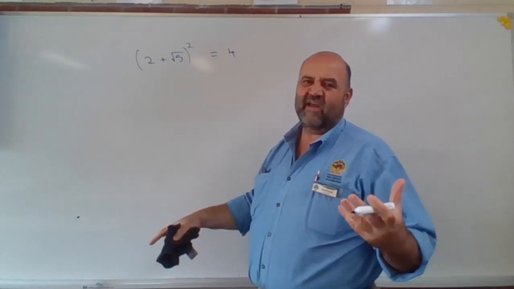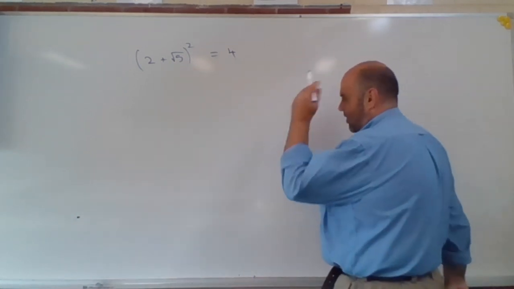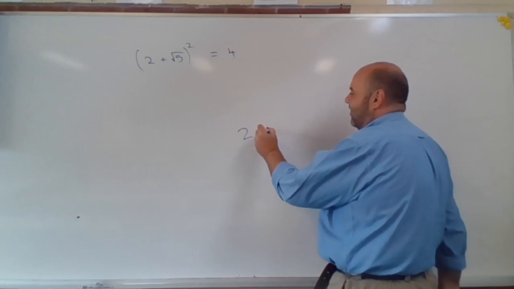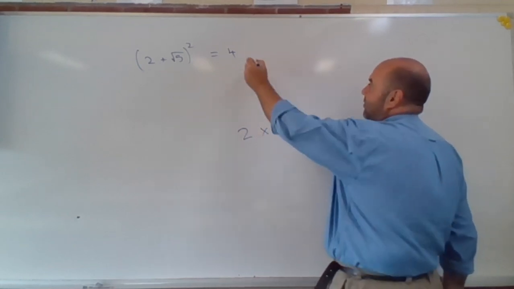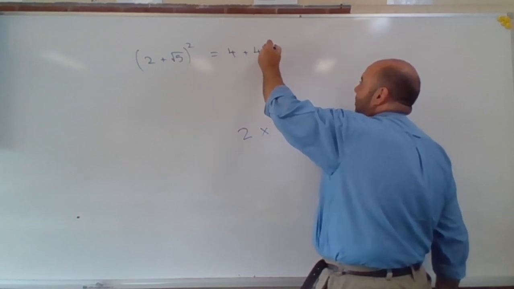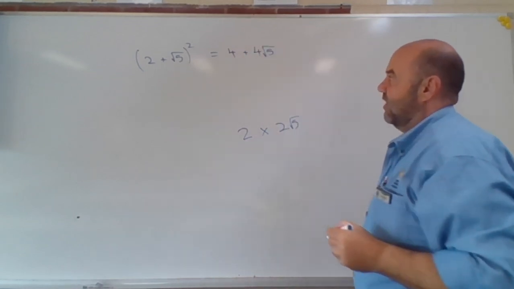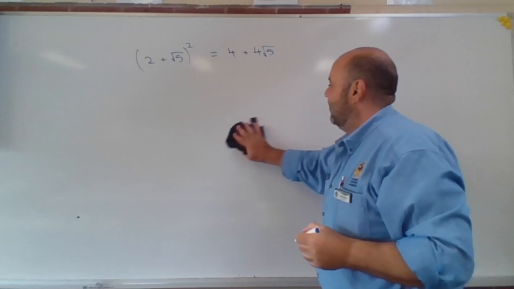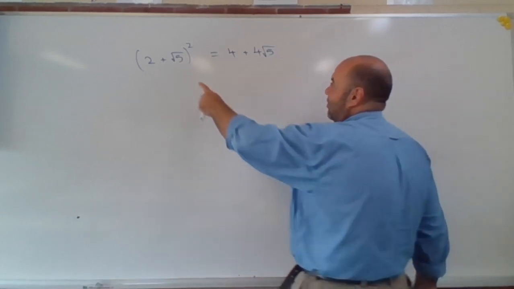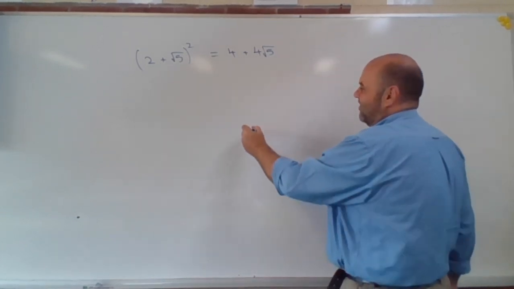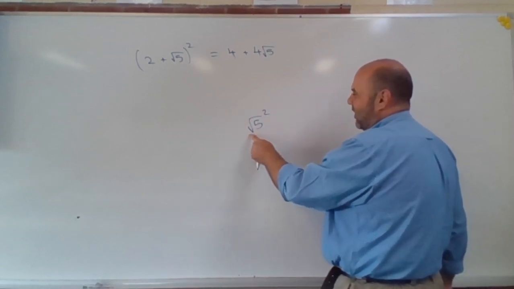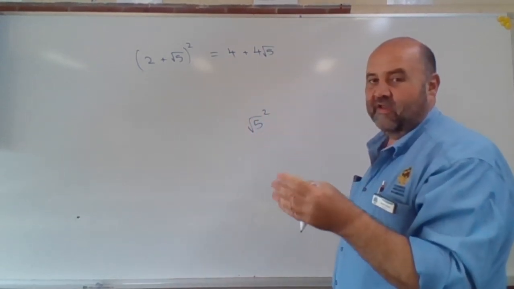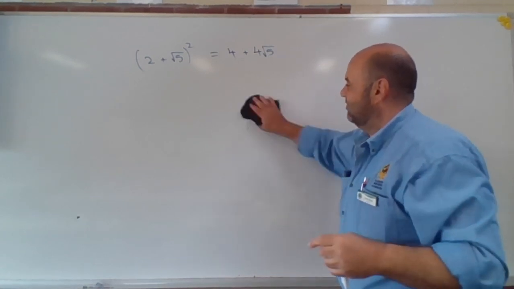Twice that is 2 times 2, which is going to be 4 root 5. And then square the last. Well, root 5 squared, the square root and squared kind of cancel each other out, so root 5 squared just leaves me with 5.